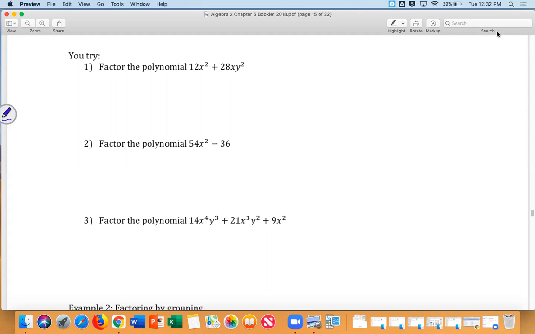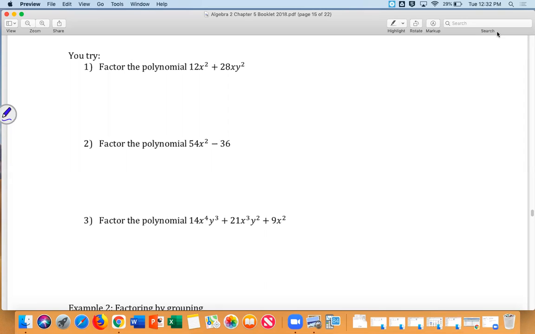So would this be 6x squared plus 4xy squared? Jake, I'm going to be honest, I have no idea what to do. It's 6x squared plus 4xy squared. What goes into 12 and 28? You said 2, right? Yeah. 28 divided by 2 is 14.